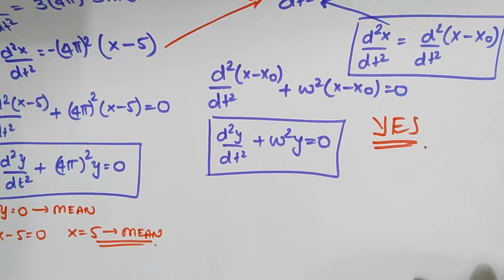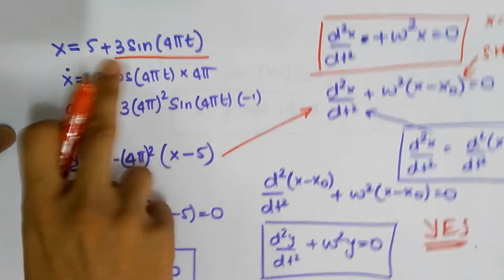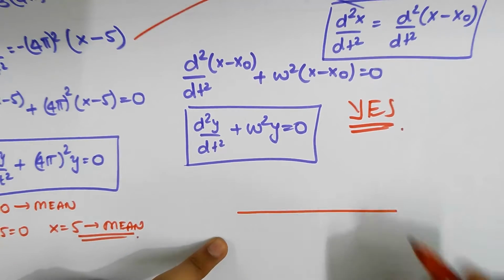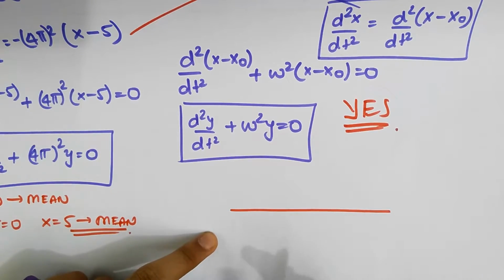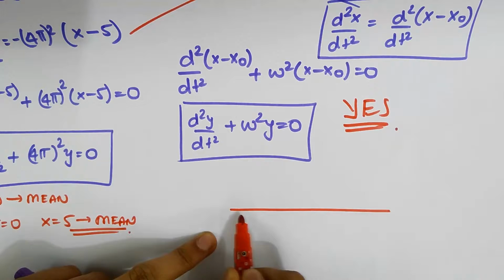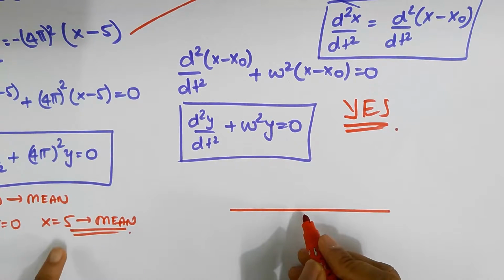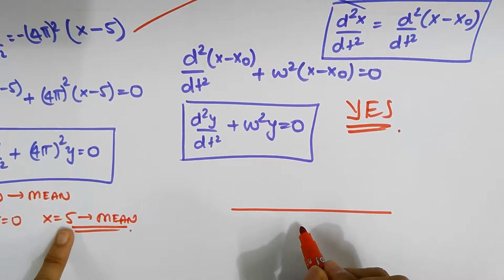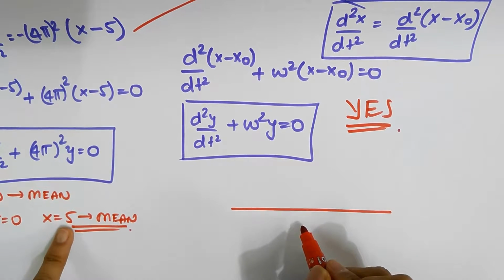So what this is telling us is that this particular function tells us that the particle is executing a simple harmonic motion, but it's not executing simple harmonic motion about x equal to 0. It's executing it in such a way that the mean is x equals phi.